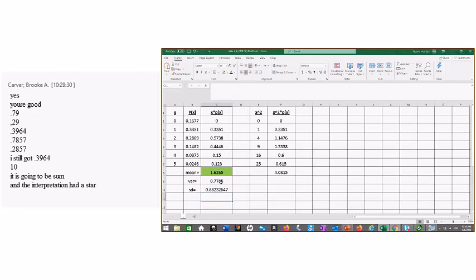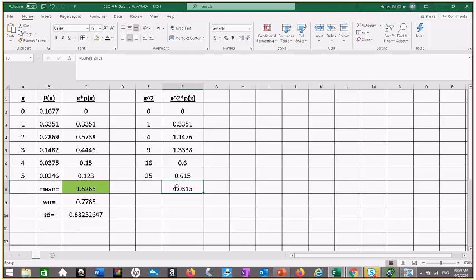I don't know how you get 1.175 from the variance. Let me make sure I got that right.